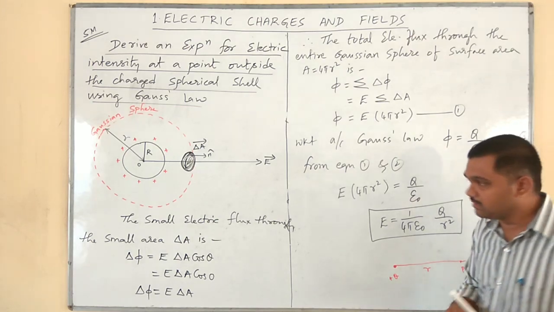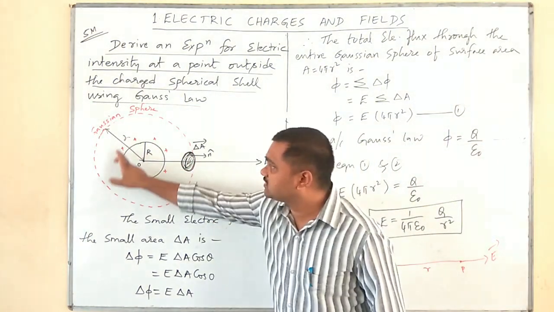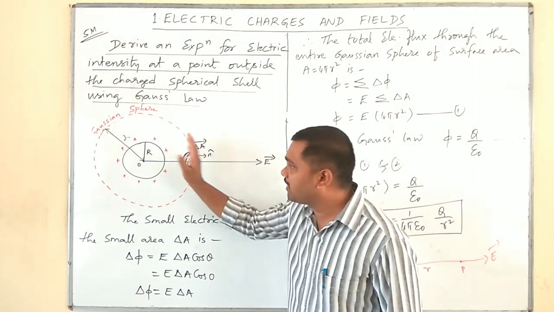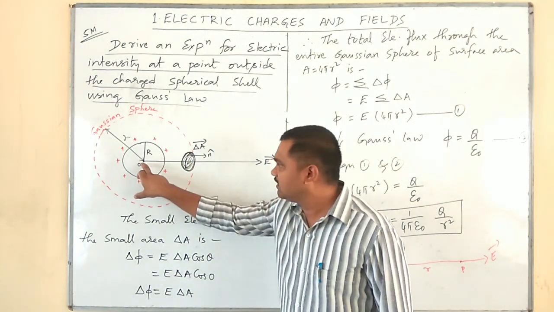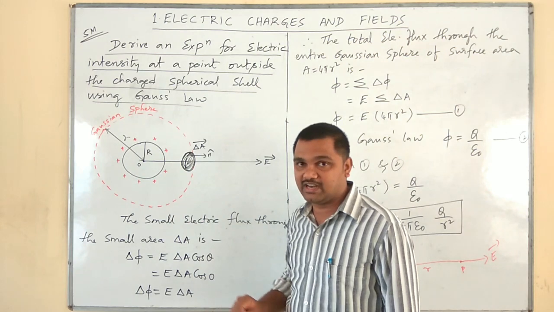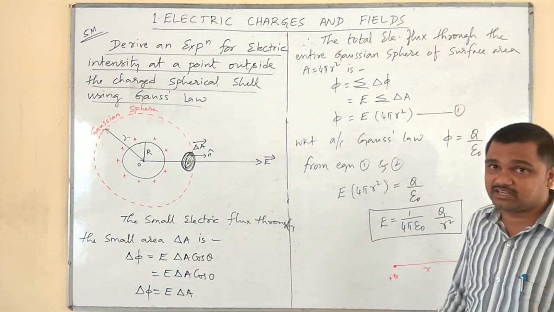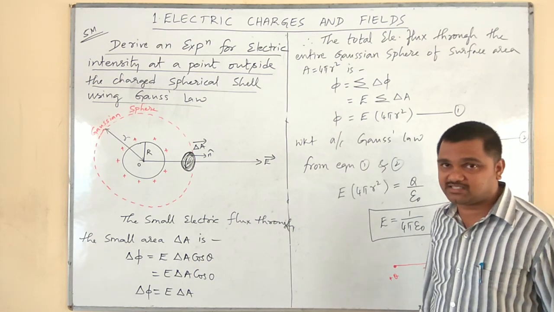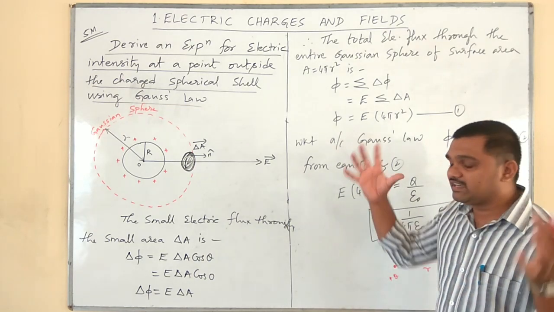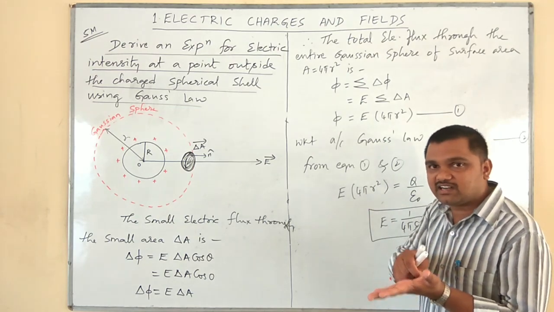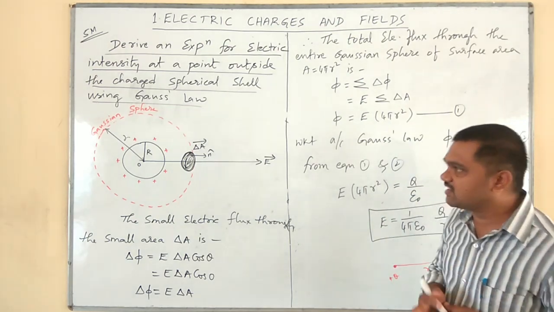Though the charges are present on the surface of the shell, we have to imagine them at the center O. That is just like the shell theorem. You might have heard about the shell theorem in your gravitation chapter last year, isn't it? The entire mass of the body or sphere appears to be concentrated at its center, just like that.